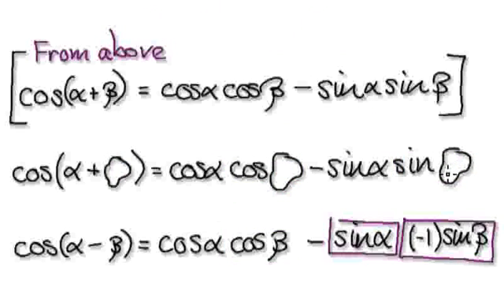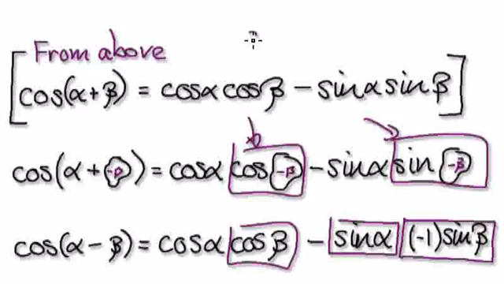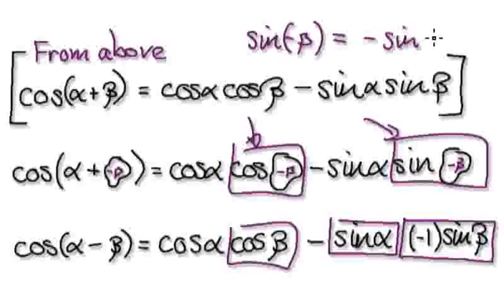Okay, so minus beta in here, minus beta in here, minus beta in here. So this bit here is an even function, so you can just forget about the negative, and here is an odd function, so that then becomes minus sine of the positive version.